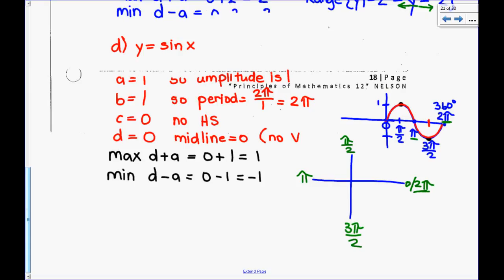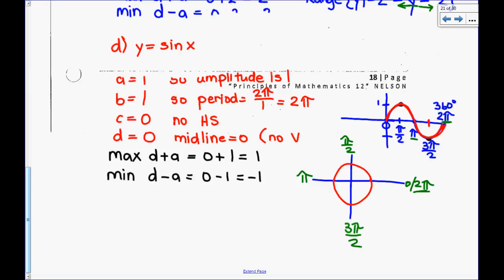So do you see how this red section on the graph, one period of the sine function, is actually the same thing as if we started here, went to pi over 2, went to pi, went to 3 pi over 2, and came back around to 2 pi? We've started at 0, we've gone to pi over 2, we've gone to pi, we've gone to 3 pi over 2, and we've ended at 2 pi.